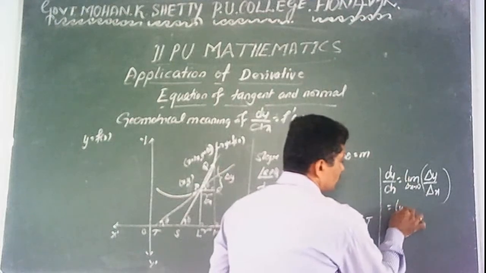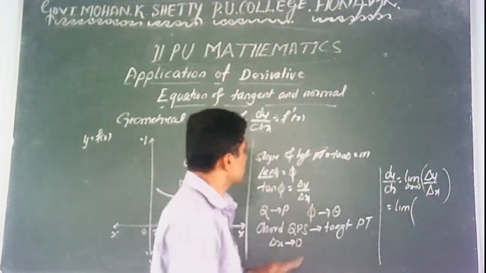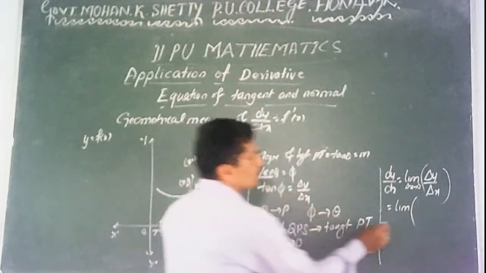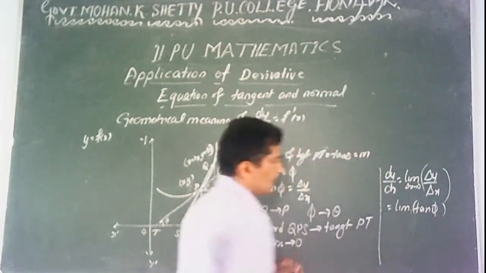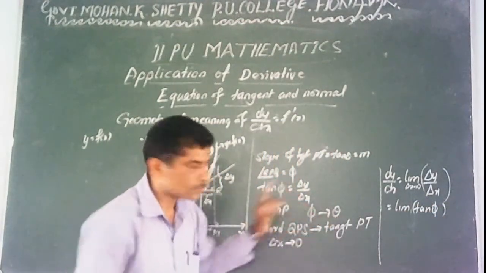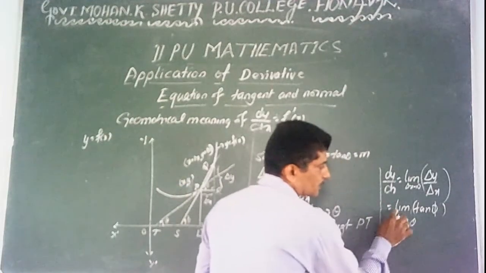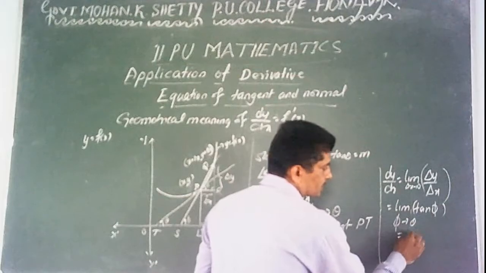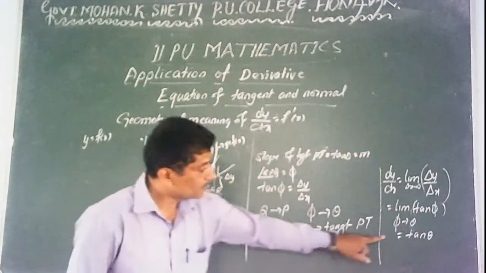Is it clear? Delta y upon delta x means tan psi. As delta x tends to 0, psi tends to theta. The limit of tan psi as psi tends to theta is exactly equal to tan theta.